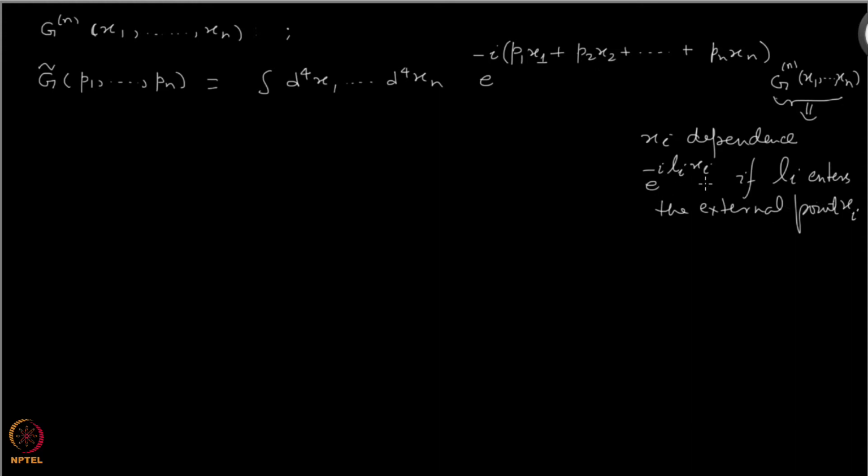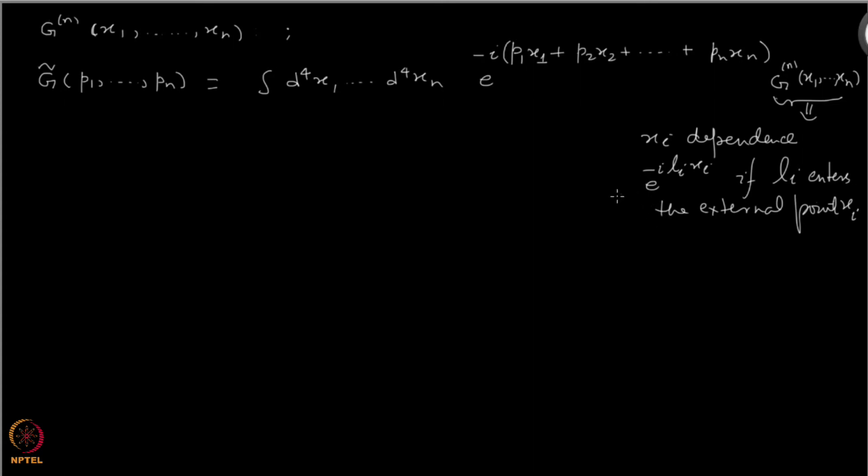So, li is the momentum that enters into the external point xi. Then you put e to the minus I li xi, and if li exits, then you put e to the plus I li xi. That is what we had.